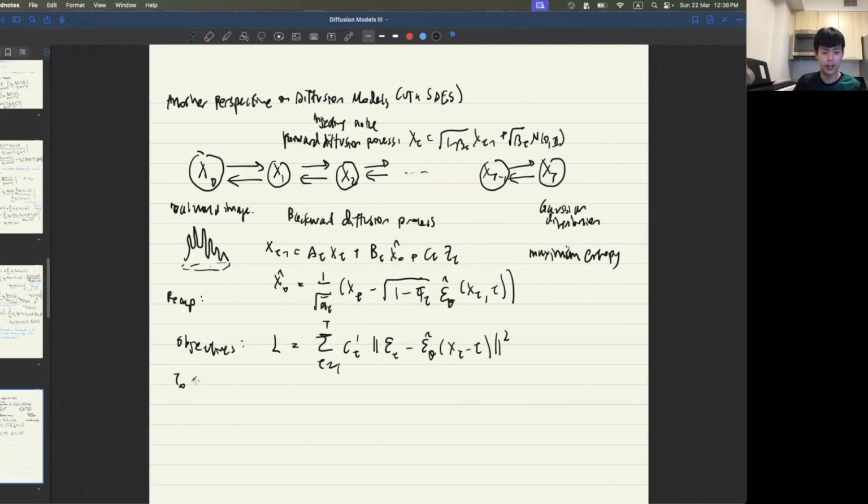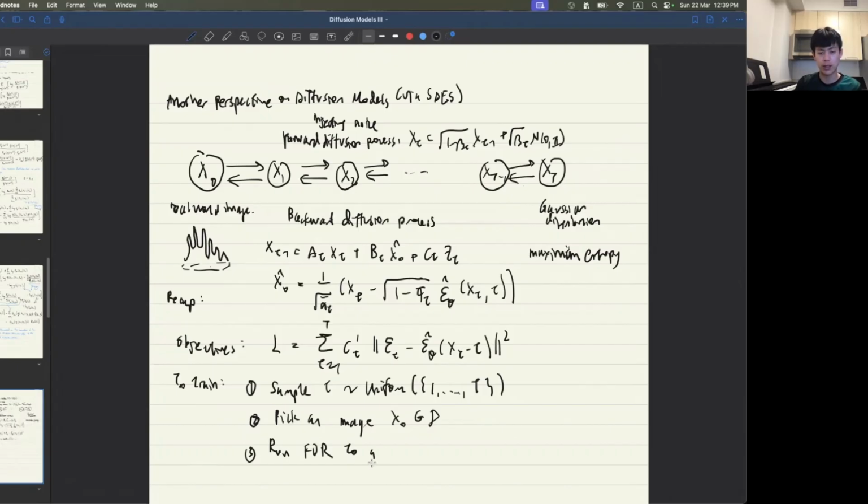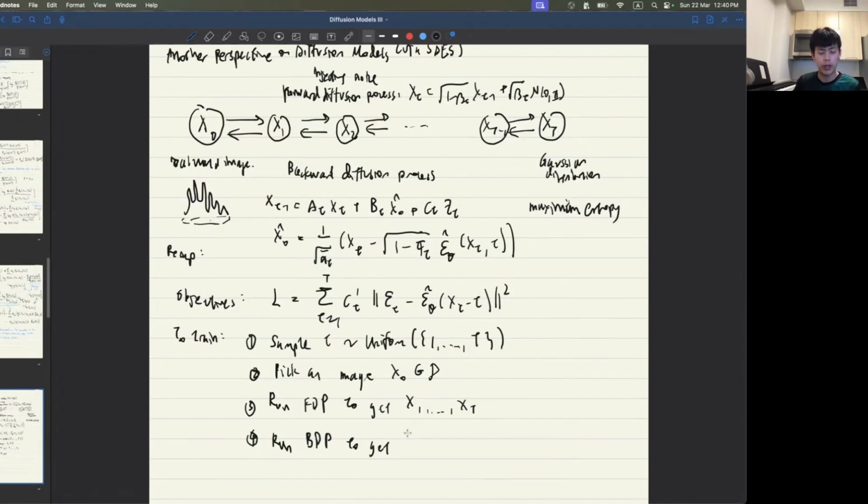To train, the final conclusion that we have is, firstly, we should sample a time step t uniformly across the set 1 to T. Then we pick an image x0 in our data set. We run the forward diffusion process to get our latent variables, which are the intermediate states, x1 to xt. And we can run the backward diffusion process to get epsilon theta hat of xt, t.